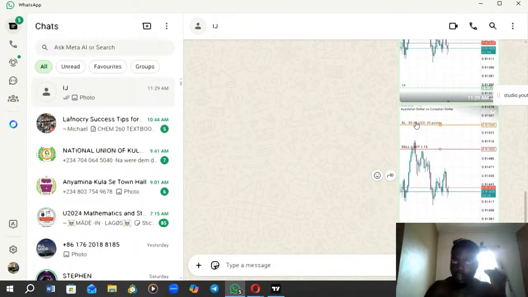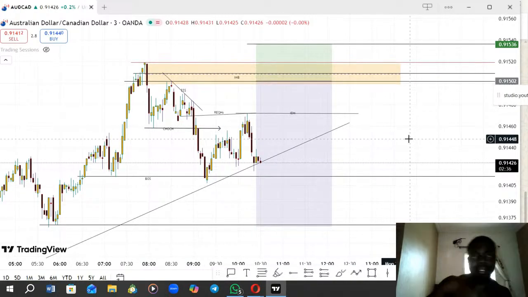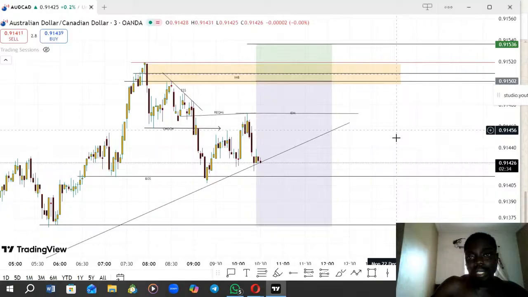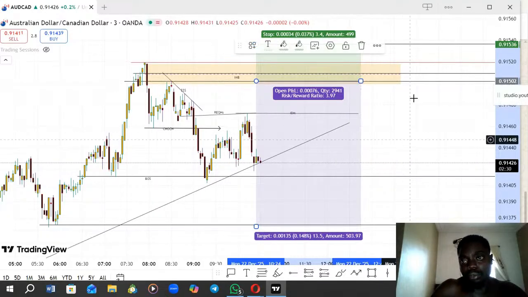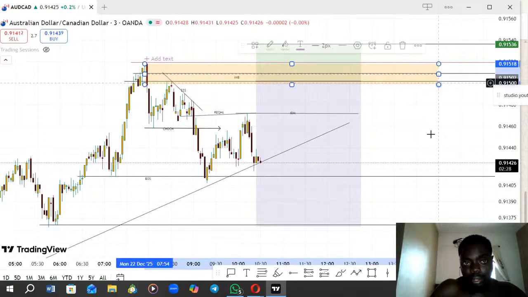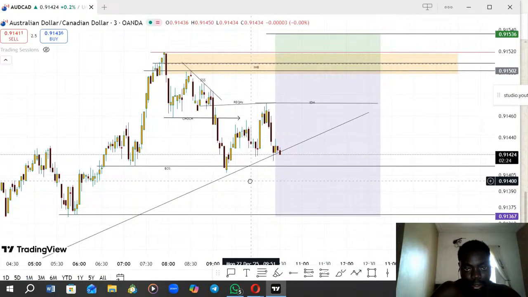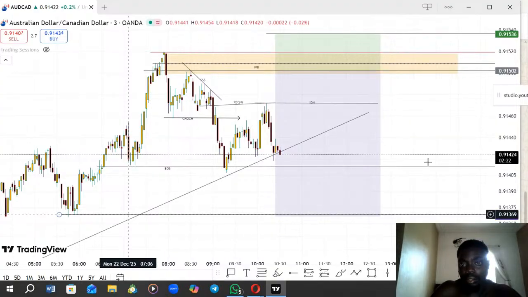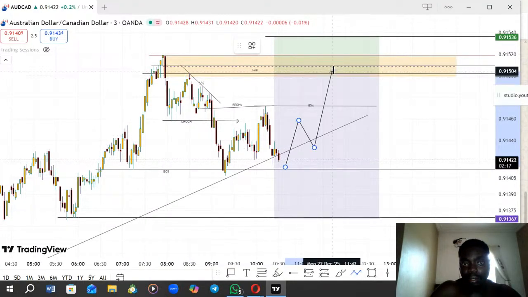So you can see that it is that simple. Your duty now is to leave the trade to play out. Your duty is just to leave it for price to do whatever it wants to do. You are not expected to touch it. Don't tamper with your trade. We are expecting a pullback here so that we can sell down.